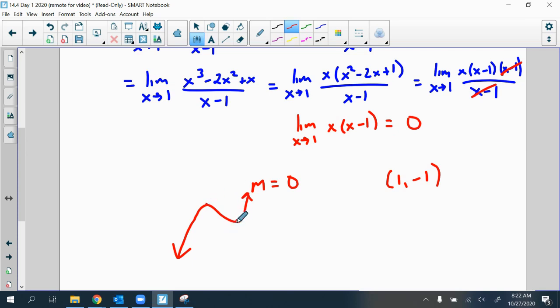Actually, it would be this one. Our slope of the tangent line would be 0. So that means that it actually is like one of the curve hump things. So it's like either the top or the bottom. It's where there's what we will in calculus call a local maximum or a local minimum. So in this case, it's a local minimum.